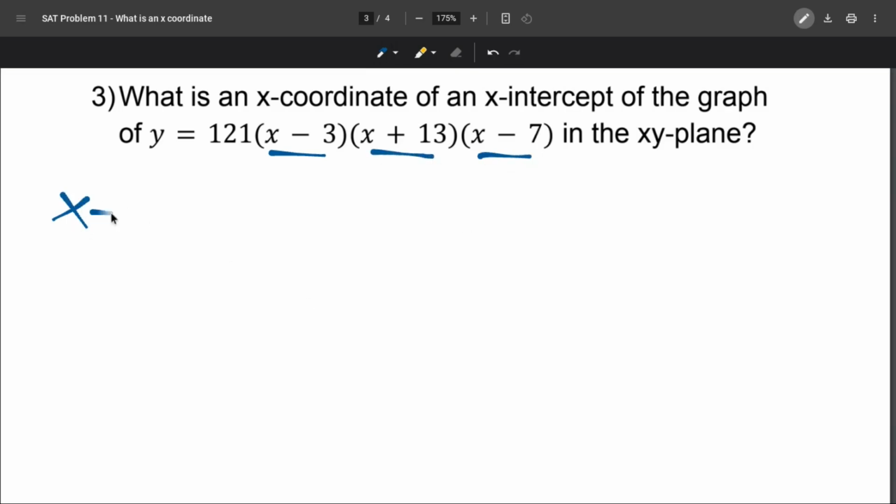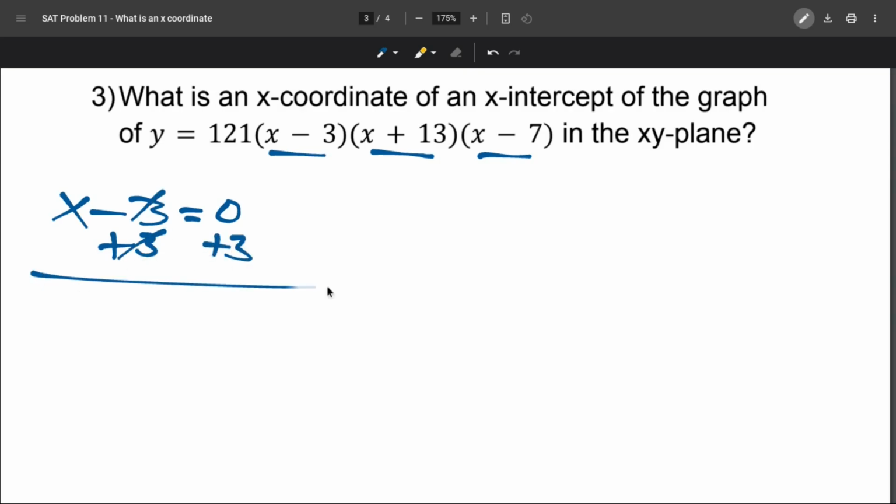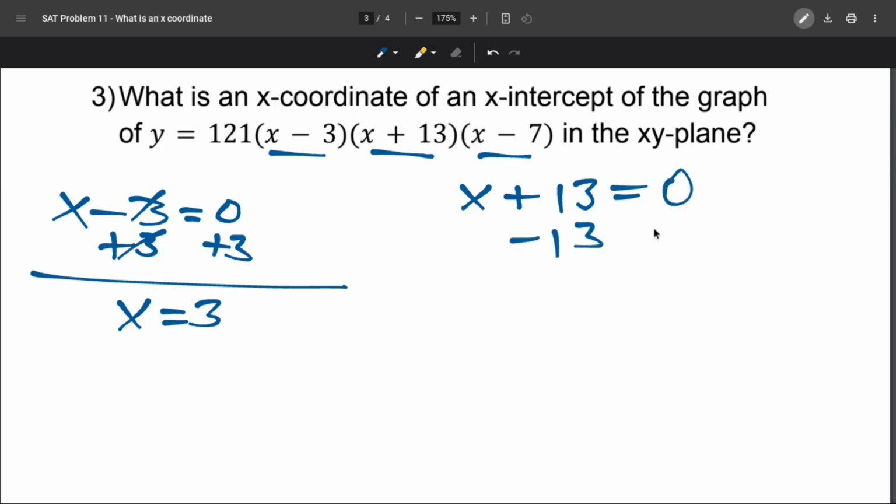So I'll set x minus 3 equal to 0. And again, they're only asking for 1, so you really only have to do 1. Add 3 to both sides. X equals 3. Here set x plus 13 equal to 0. Subtract 13 from both sides.